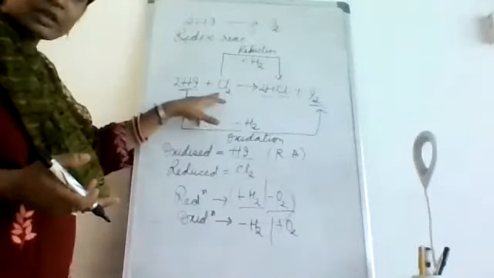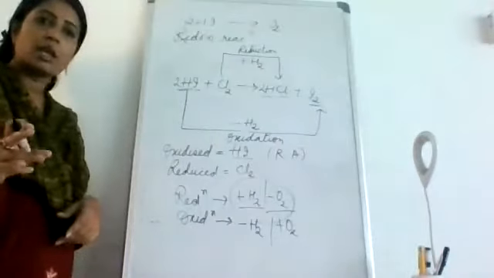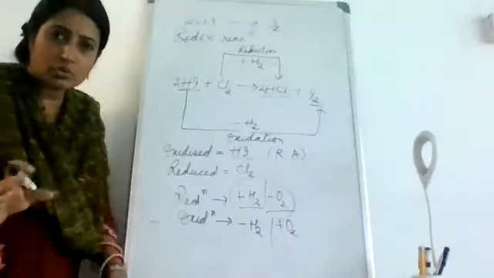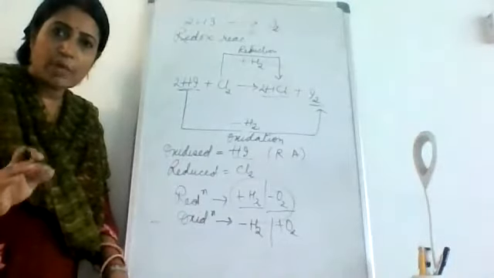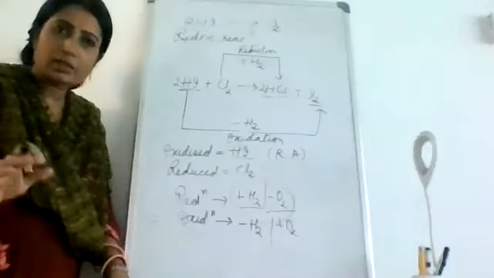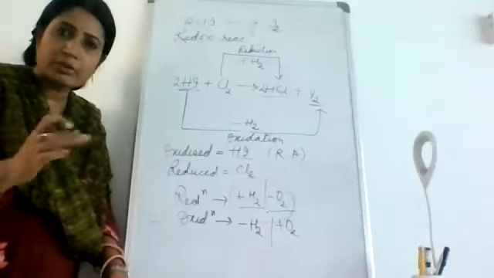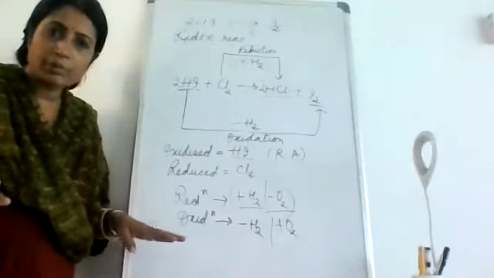Chlorine has accepted that hydrogen, because you have read in the law of conservation of mass that nothing is destroyed. Atoms are neither created nor destroyed, and mass remains conserved. So that hydrogen will be accepted by the other one. Then only the reaction will be balanced.